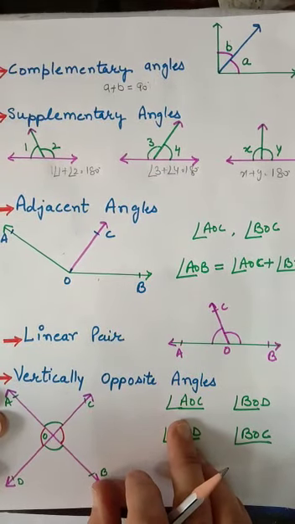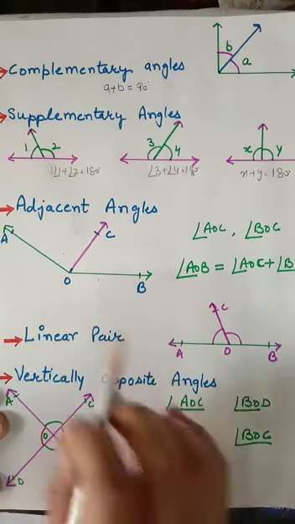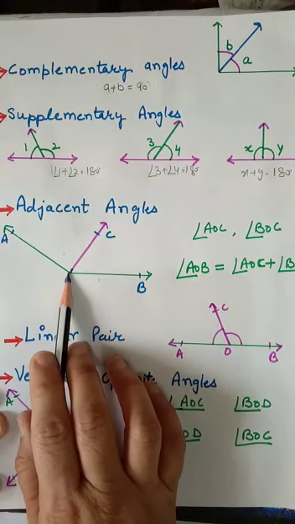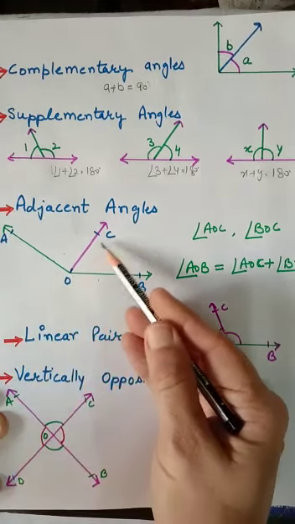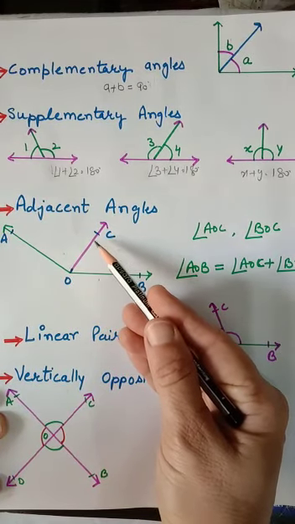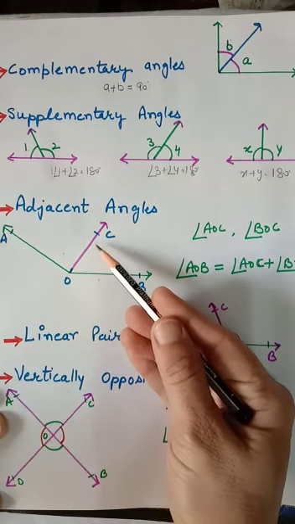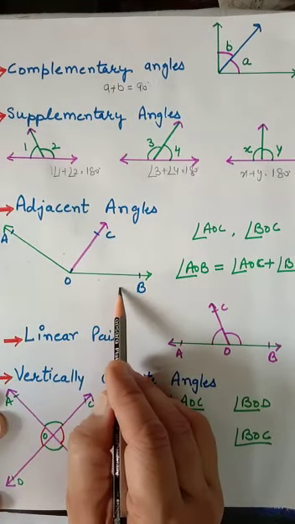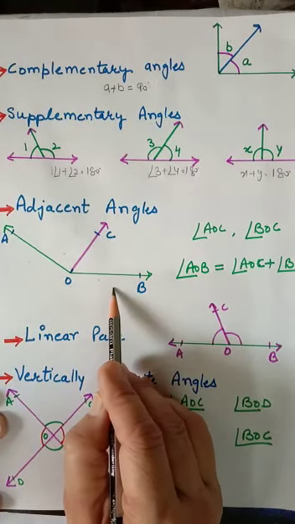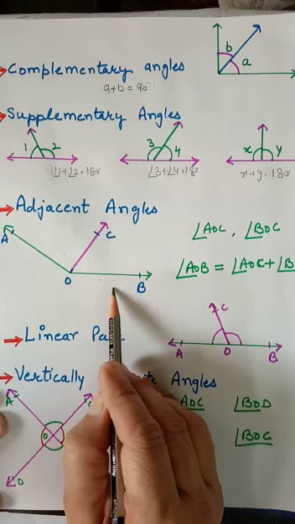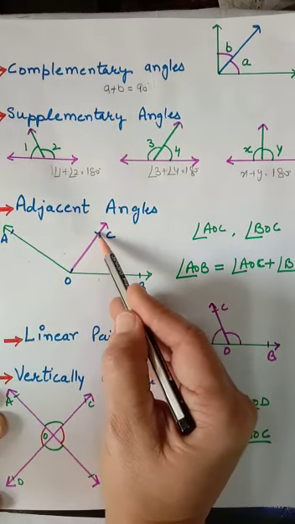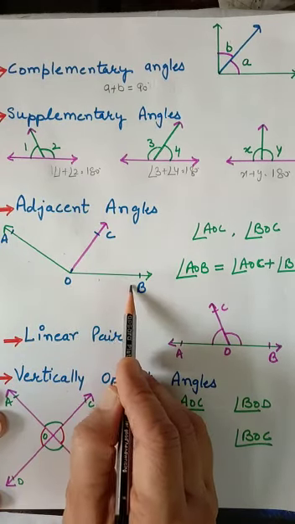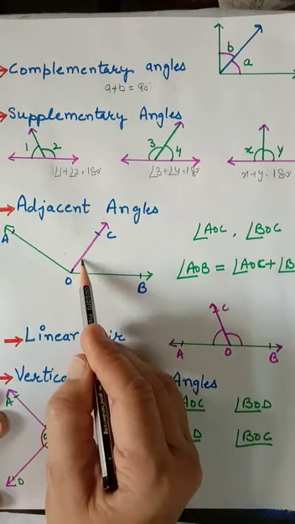Next is adjacent angles. Two angles having a common vertex and a common arm are called adjacent angles if their uncommon arms are on either side of the common arm. Common arm is your OC, and uncommon arms OA and OB are on either side of the common arm here.